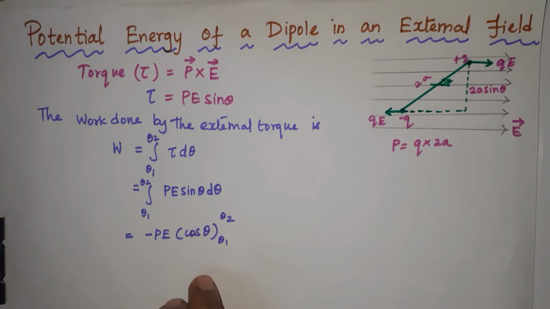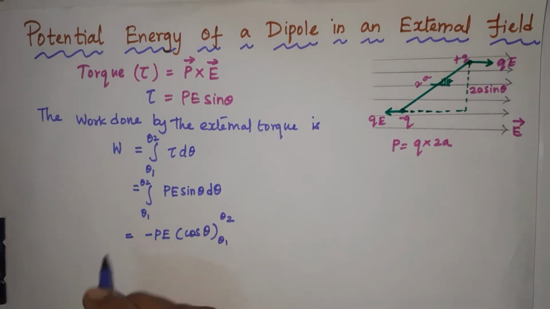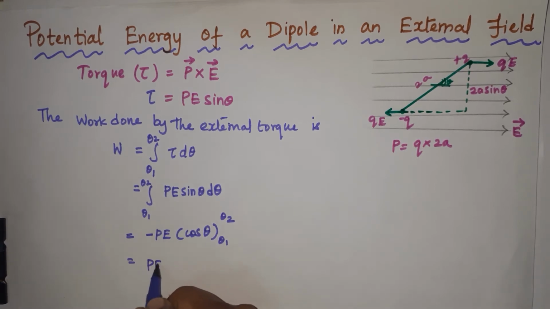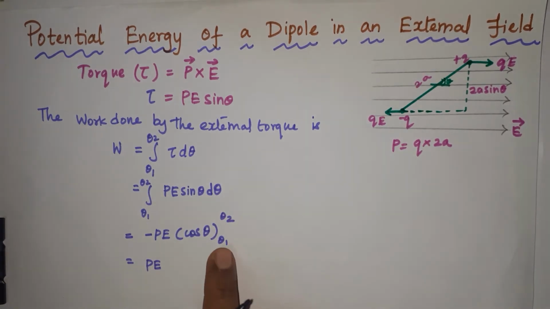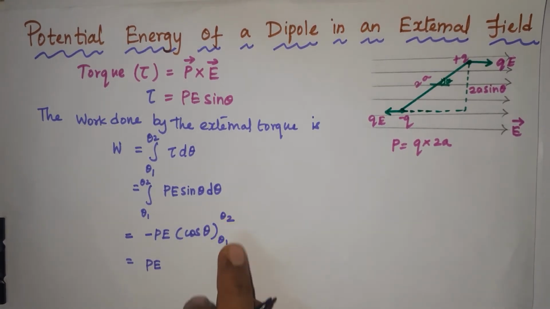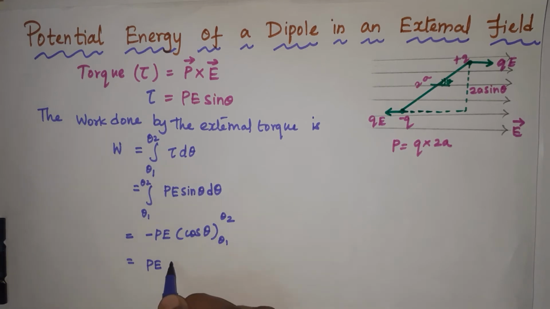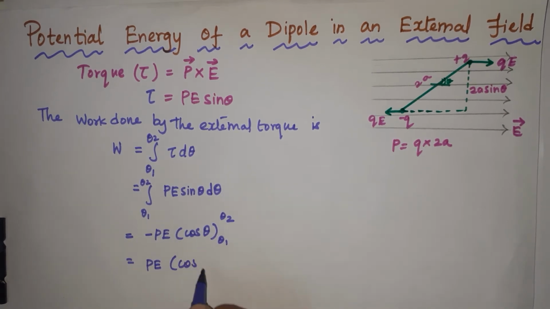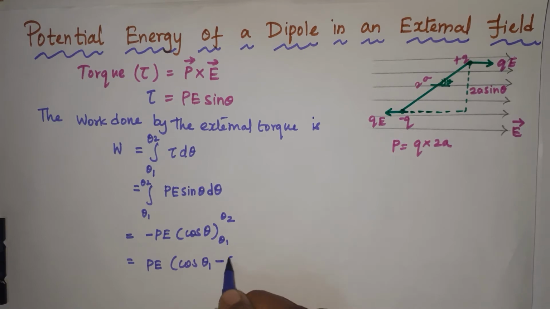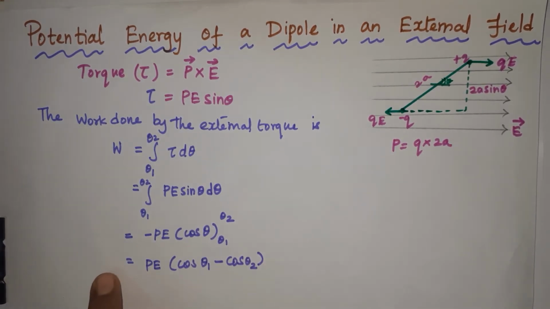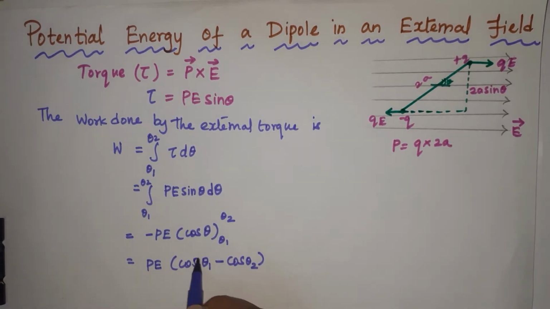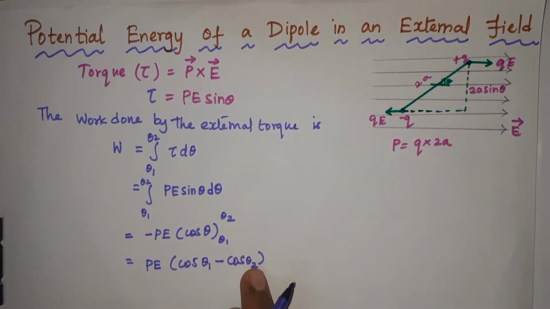When you apply the limits, it becomes PE into cos theta 1 minus cos theta 2, upper limit theta 2 subtracted from lower limit theta 1. So the work done is W equals PE into cos theta 1 minus cos theta 2.